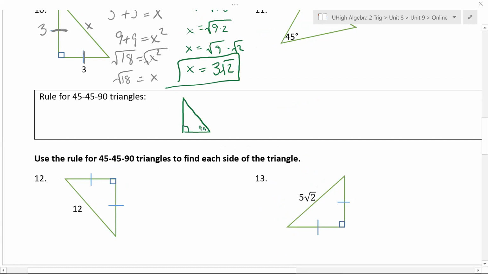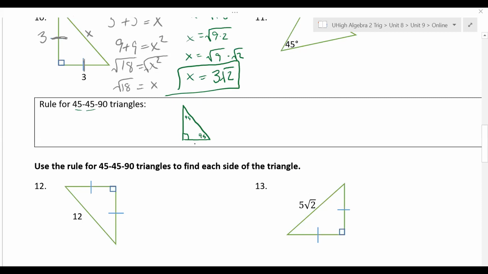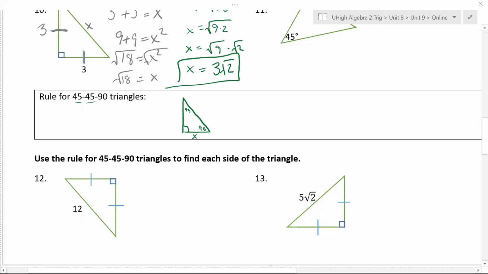Both of my angles are going to be 45 degrees. Okay. So one thing we should notice about this is if I have 45, 45, 90, that means 2 of my angles are the same. So if I have 2 angles of a triangle the same, that means I'm going to be isosceles. So if one side is x, the other side is also going to be x.